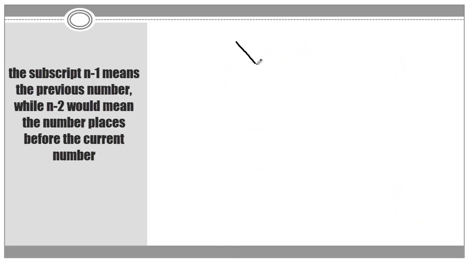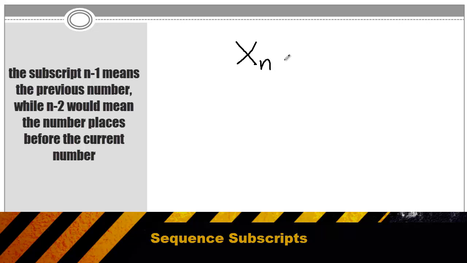So in review, if I have x subscript n, that n is referring to a number such as 1, 2, or 3, etc., which represents the position such as the 1st, 2nd, or 3rd position in the list.